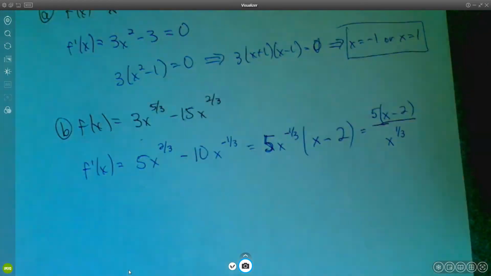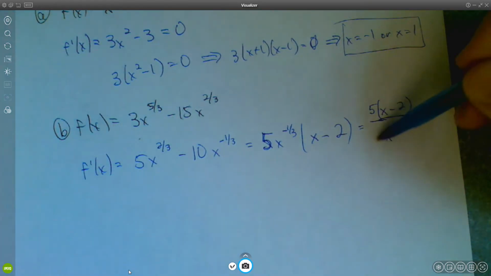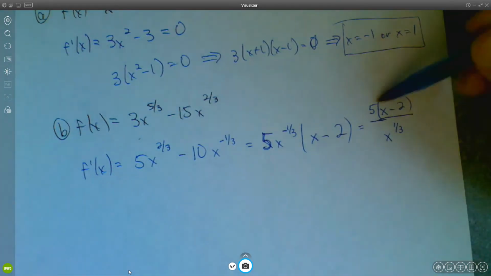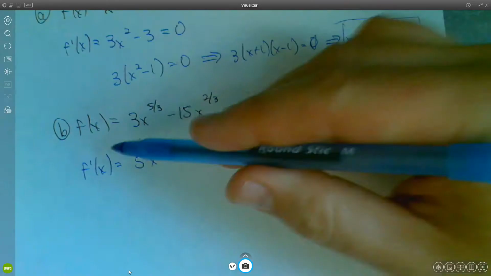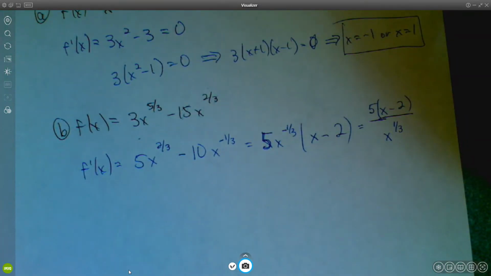Okay, very good. So now, this is important because this function does have a point where it's not differentiable. And that's going to happen whenever x equals 0, okay? Because where x equals 0, the derivative function is undefined. And since the derivative function is not defined at x equals 0, that means the original function is not differentiable at x equals 0, which means that 0 is a critical point.